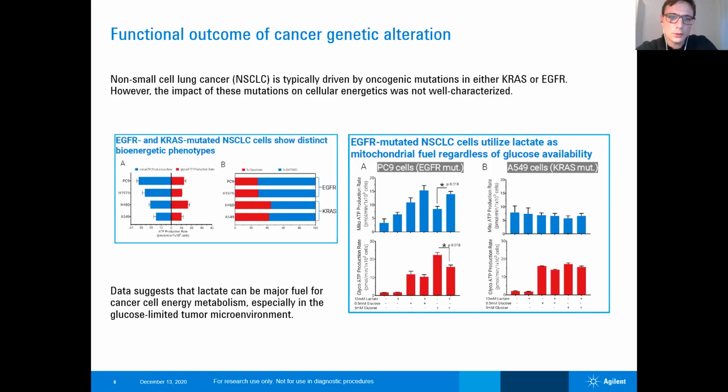And when you look and compare them, you can see in the figure B that the EGFR mutated cell lines are more oxidative. So they gain about 70% of their energy from OXPHOS, whereas the KRAS mutated cells are a bit more glycolytic. So they gain more than 40% of the energy from glycolysis and only about 60% from mitochondrial respiration.